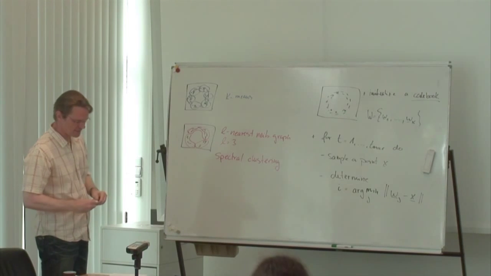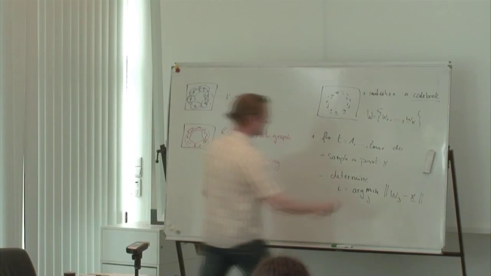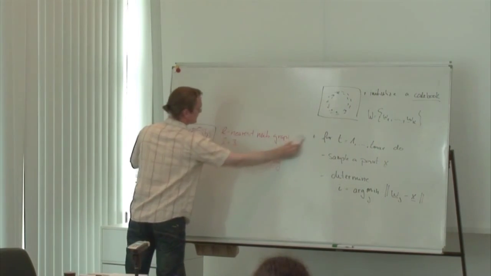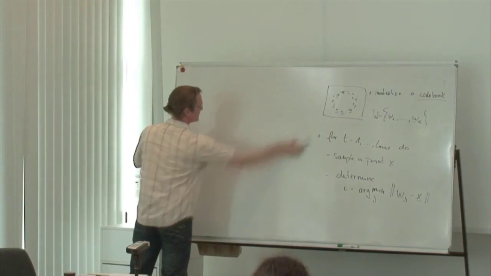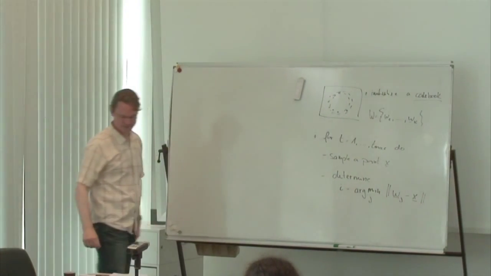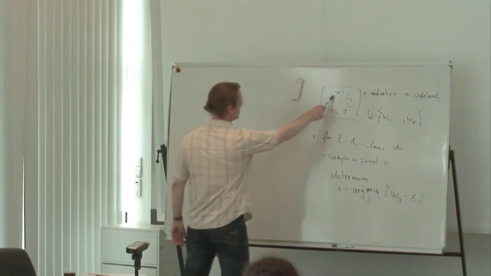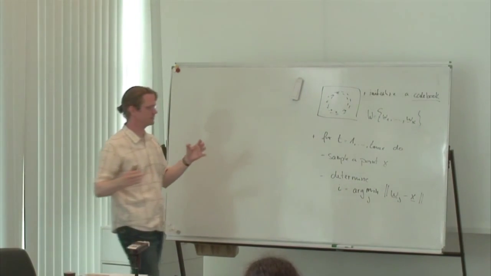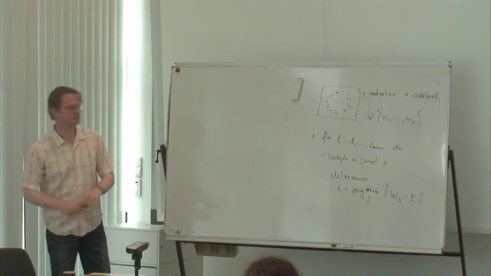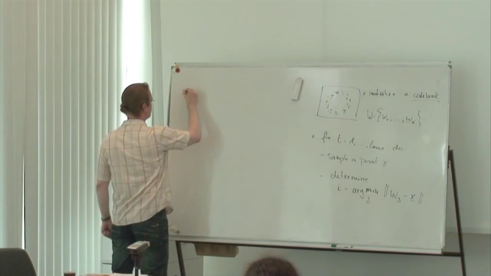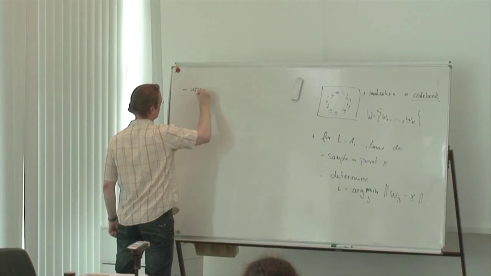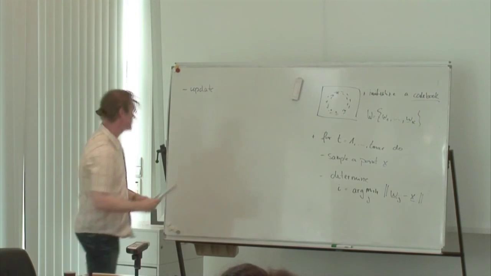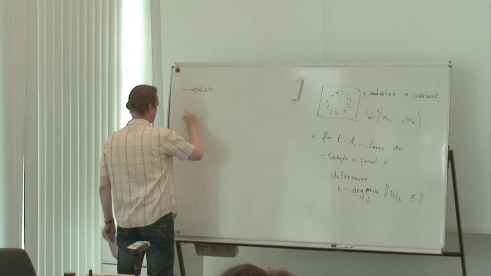Good. Now, once we have found that one, and in our example, it's obviously this one here again, then we update this codebook vector. Here, I have time indices.